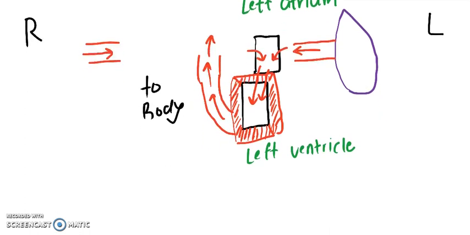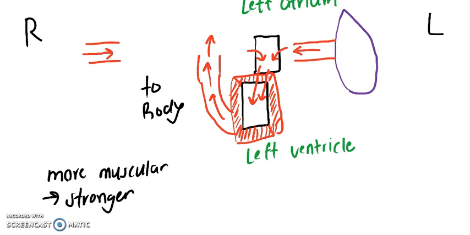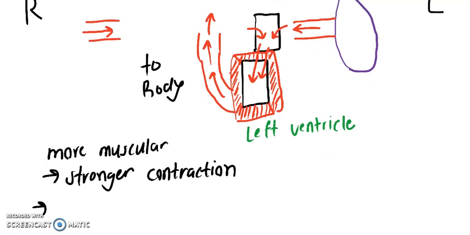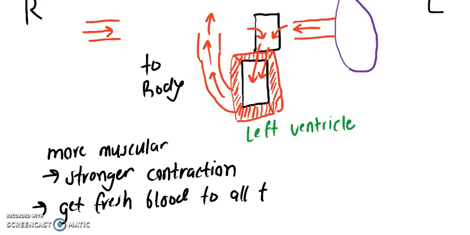So now let's explain why this left wall is super muscular. Okay, so it's more muscular, which translates to a stronger contraction. More fibers, more contraction, stronger contraction. Now this allows us to get fresh O2 blood to all tissue.